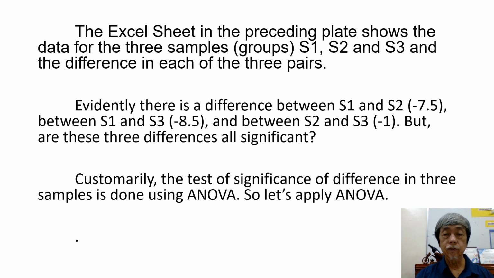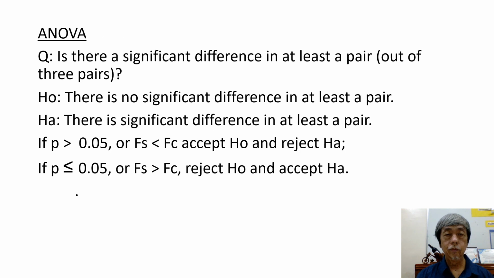Customarily, the test of significance of differences in three samples is done using ANOVA. So let's apply ANOVA. For ANOVA, our question will be, is there a significant difference in at least a pair out of three pairs?